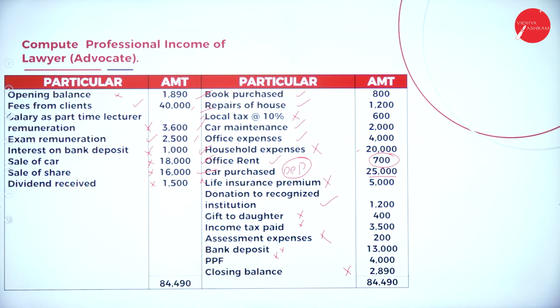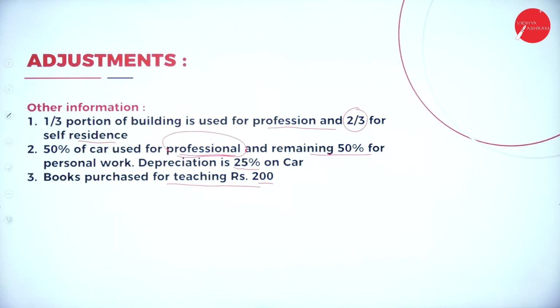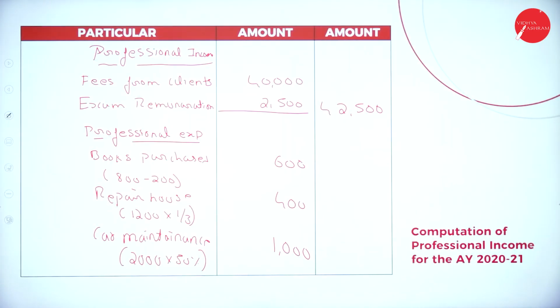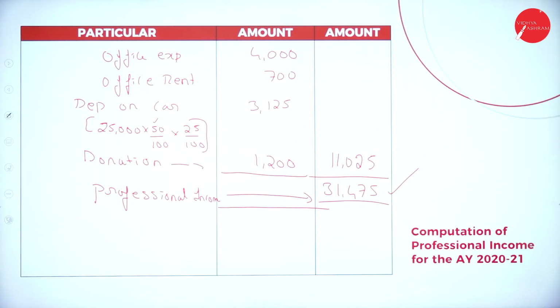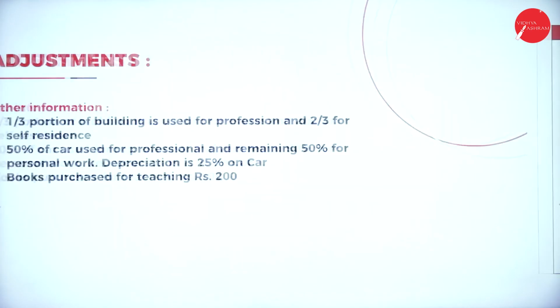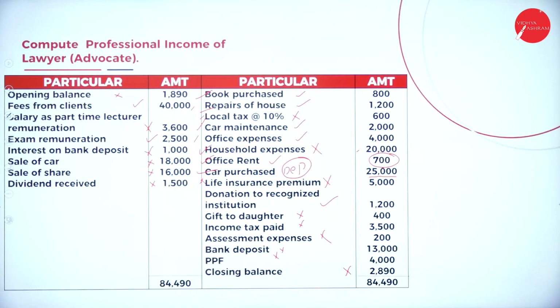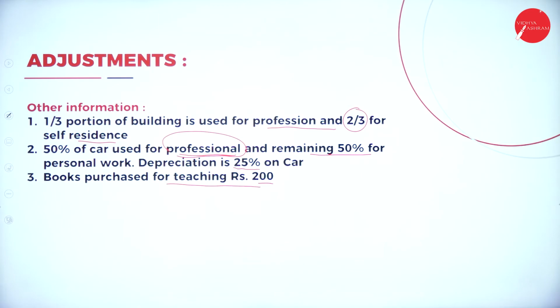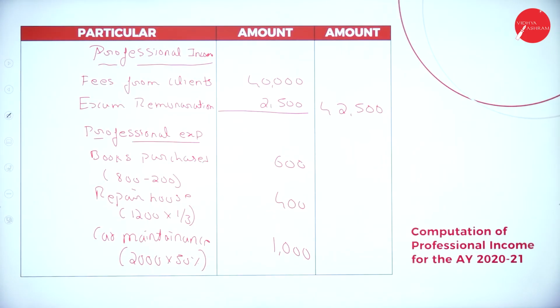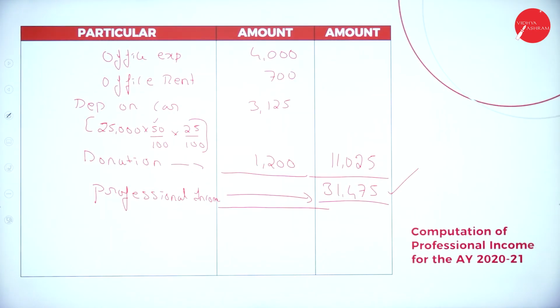This will be your problem. Your adjustment part. Your solution part 1. Solution part 2. I'll go slowly actually. These are your question. These are your adjustment. These are your problem part 1. These are your answer part 2.